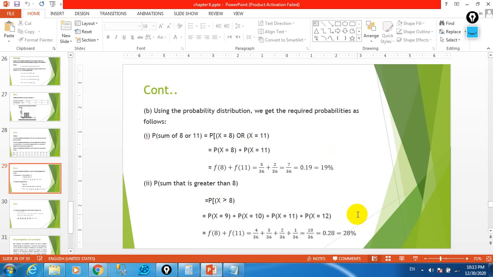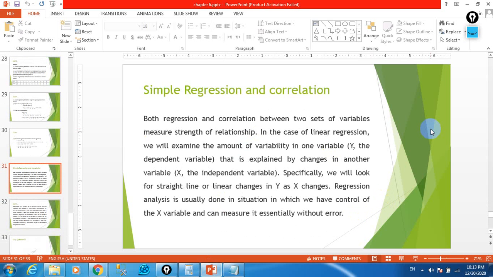Okay, so this was all about probability that I have explained. Now next we have simple regression and correlation. Simple regression and correlation, and then multiple regression. Here I will also clear up the simple and multiple regression.